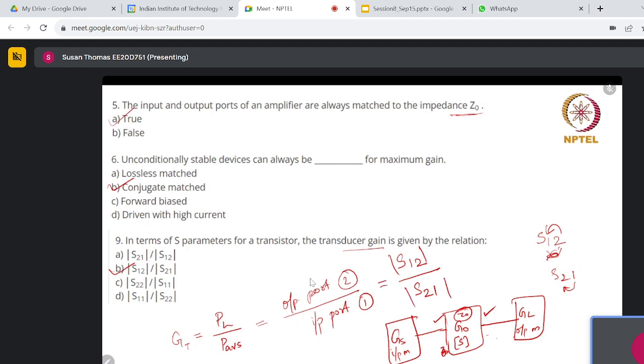Hope this is clear. How do we redefine this transducer gain in terms of S parameters of a transistor? If there are any doubts, please ask or we'll move on to the next question.